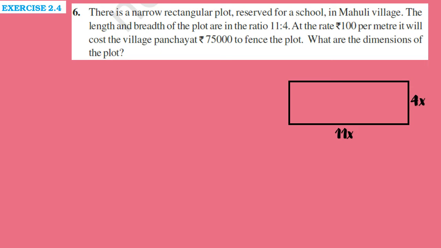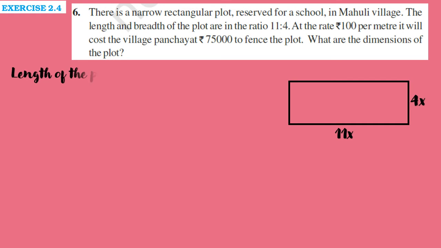Perimeter of the plot multiplied by 100 per meter will give you the total amount. So from this, how can we get the perimeter? The total cost of fencing divided by cost per meter will give you the perimeter. So if we get the perimeter, then we know the length and we know the breadth. So we can substitute and find length and breadth.